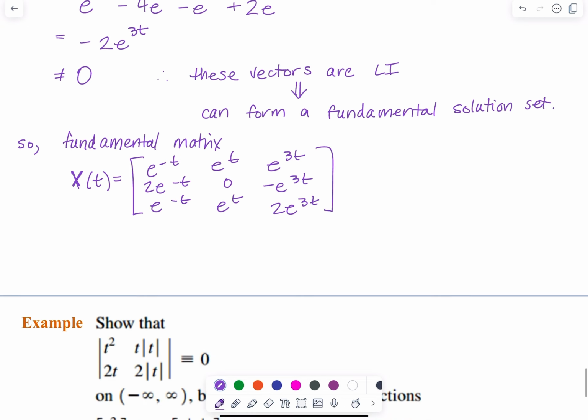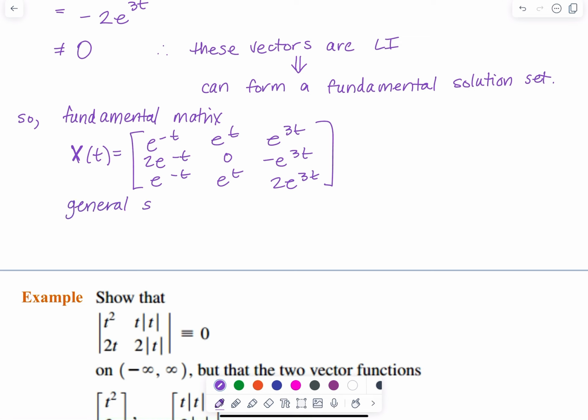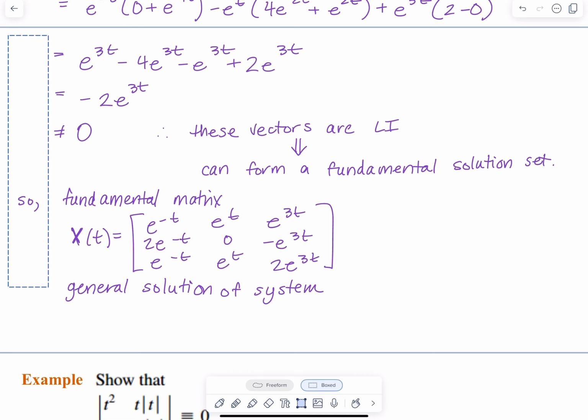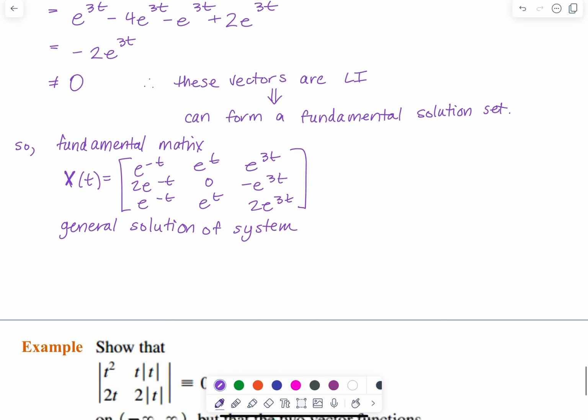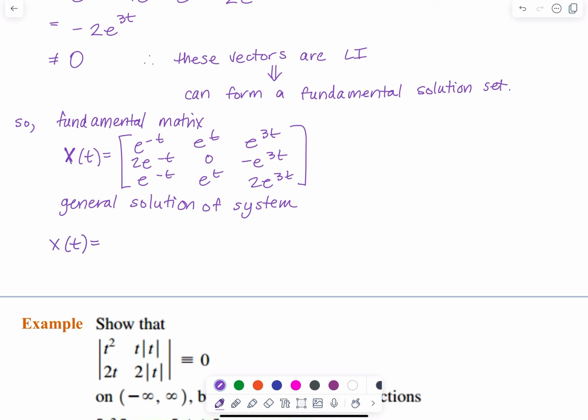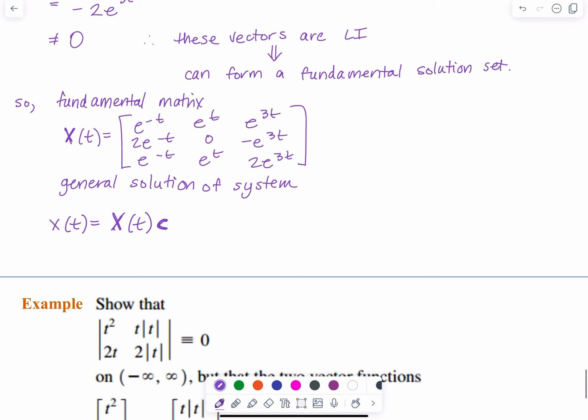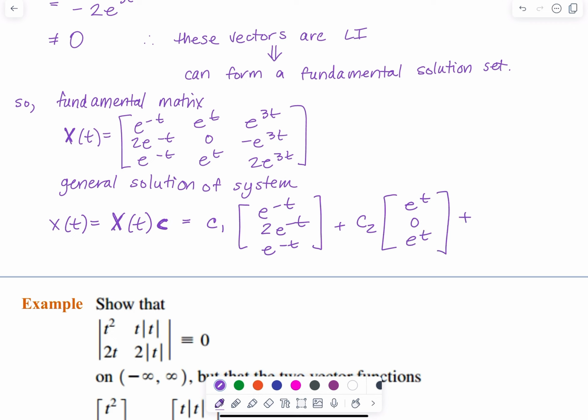And then our general solution of our system we can say is that x of t is equal to X of t times our constant vector c, which is equal to c1 times our first vector plus c2 times our second vector plus c3 multiplied by our third vector. So that is our general solution.